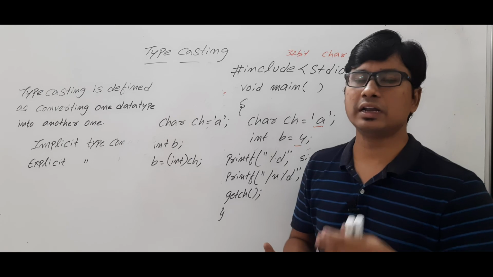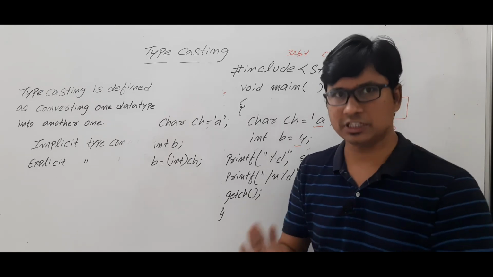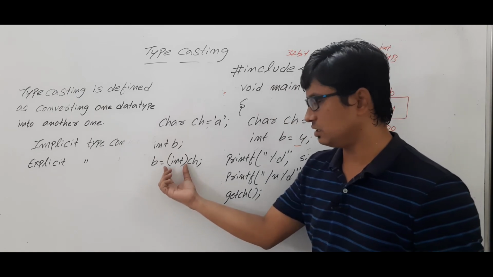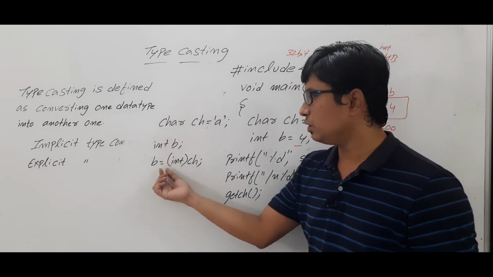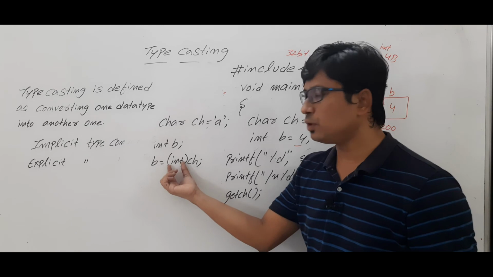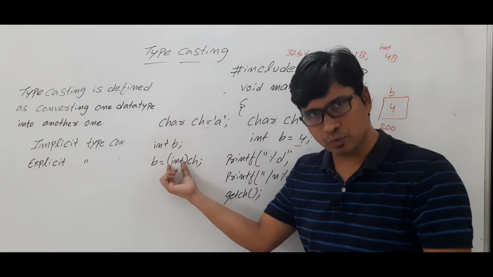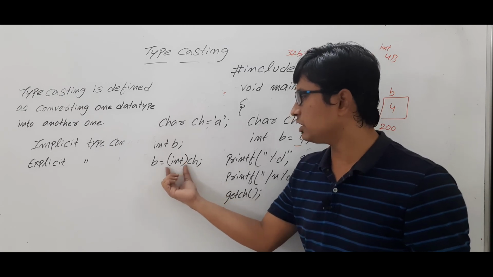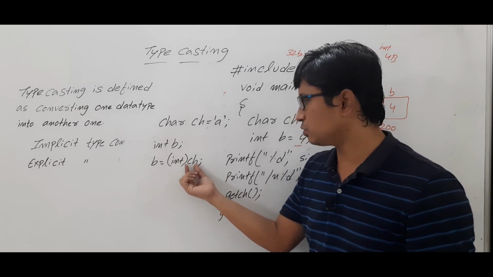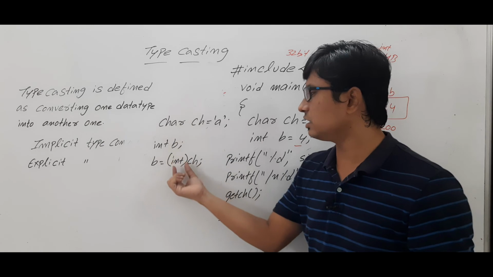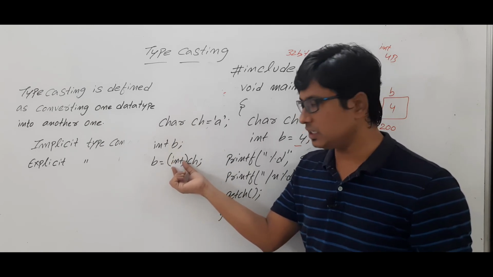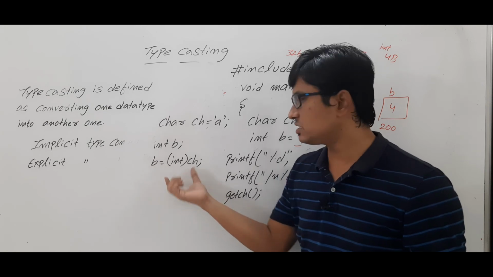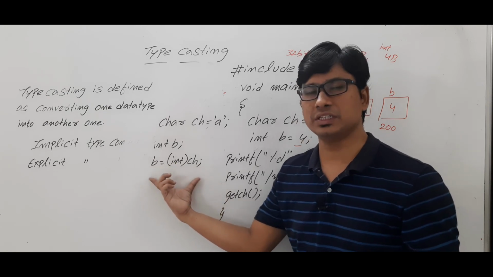If you write the conversion explicitly by yourself, that kind of conversion is called explicit type conversion. So you have to open the braces and specify what data type you want to convert to, and then write the variable. So the ch is a character which will be converted into an integer, and that integer value will be stored in the variable b. So this is about the explicit type conversion.